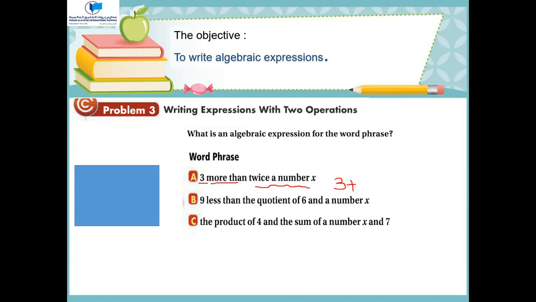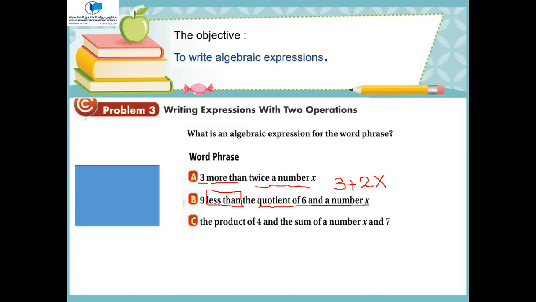So that means 2 times x, which means 2x. Now 9 less than, here I have to focus because less than will change the order.